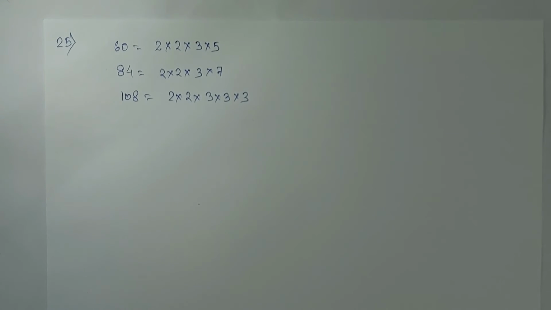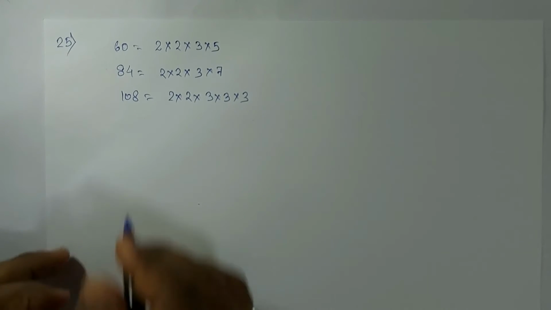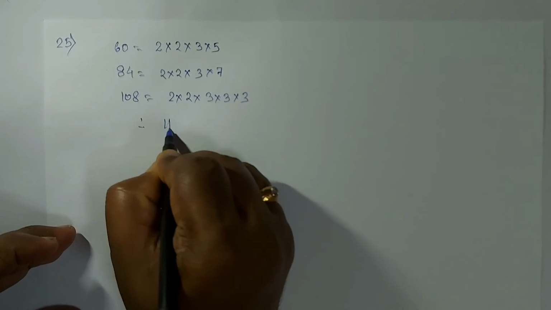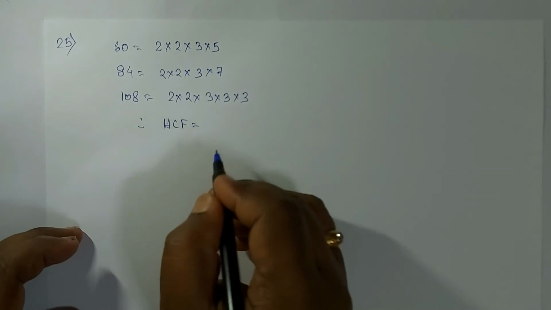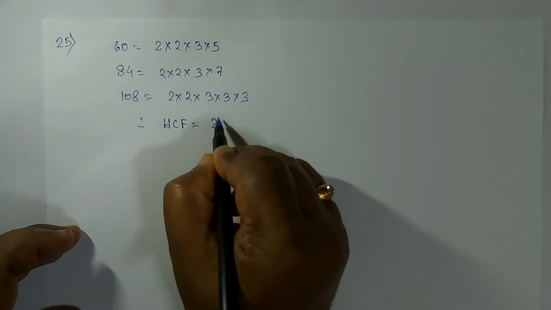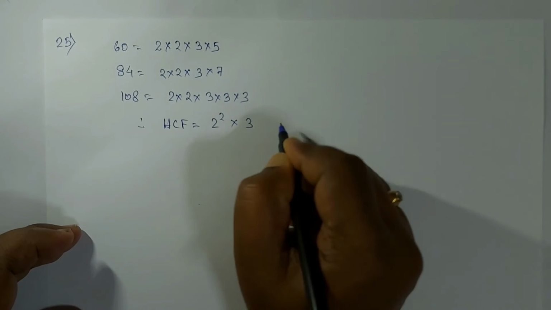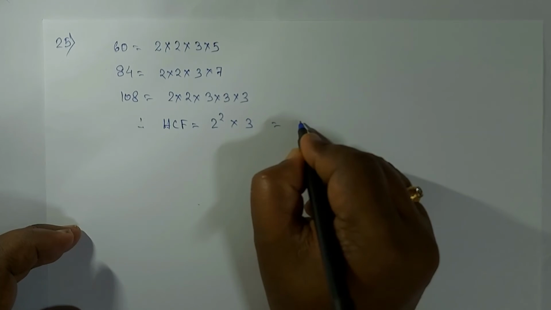So now we have done the prime factorization. Now what will we do? We just determine the HCF. Okay, so what is the HCF of this? Therefore the HCF is equal to 2 square into 3, so that is 12.